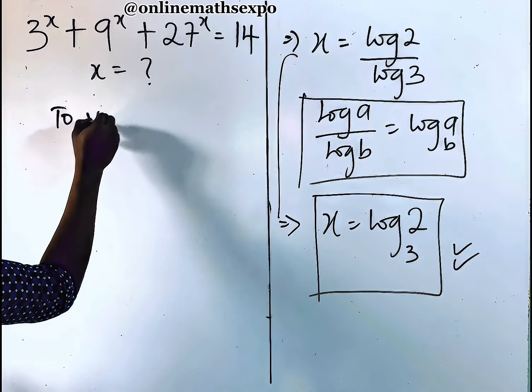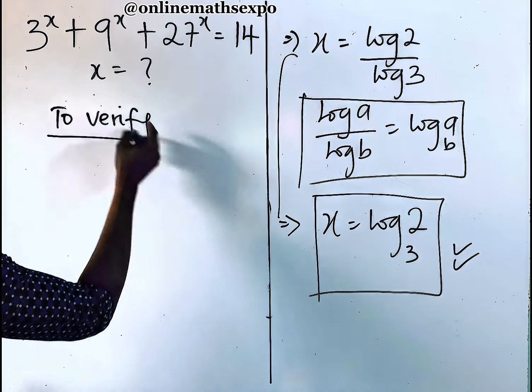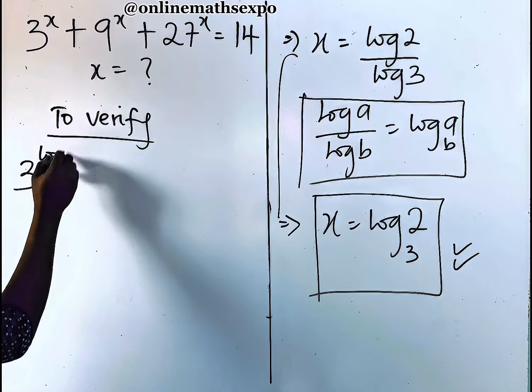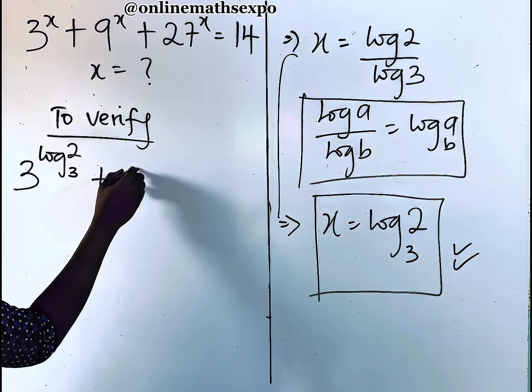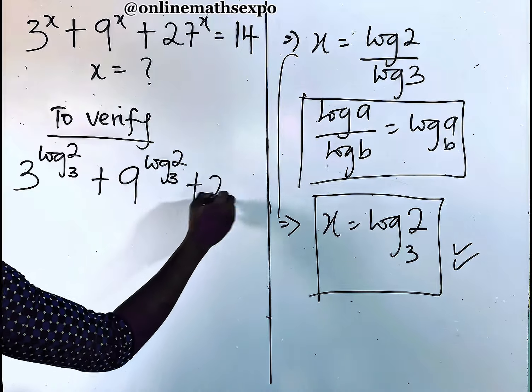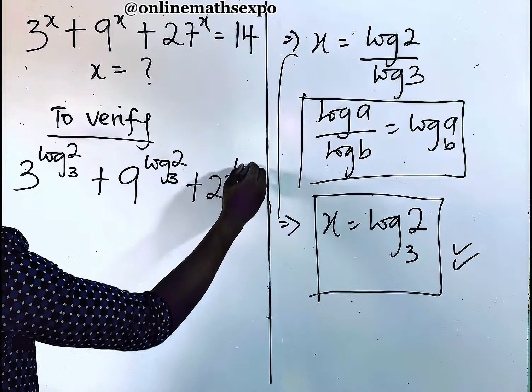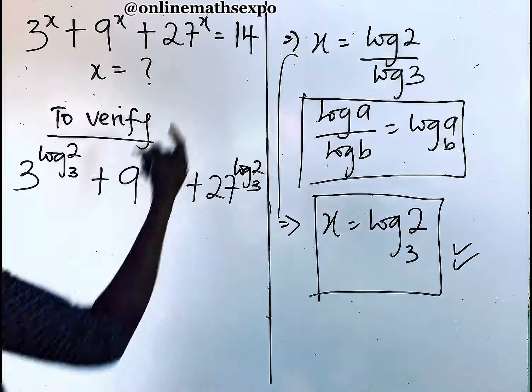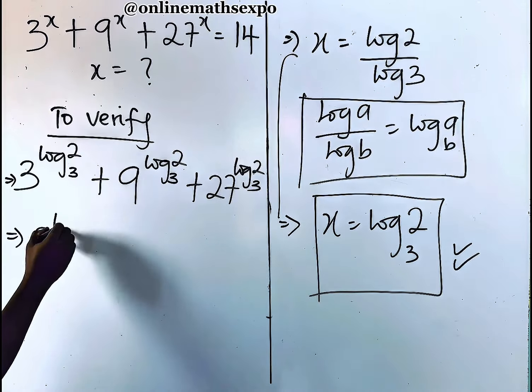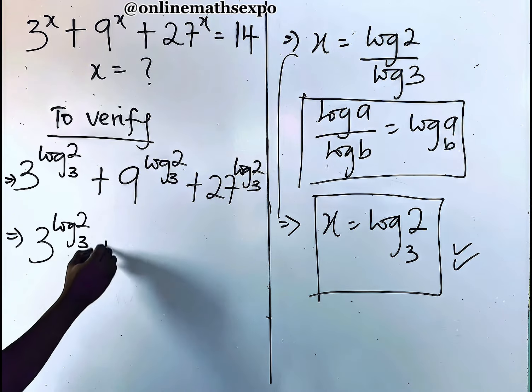To verify, we have 3 to the power of our x, which is log of 2 base 3, plus 9 to the power of log of 2 base 3, plus 27 to the power of log of 2 base 3. Will this give us 14? Let's see. So we have 3 to the power of log of 2 base 3.